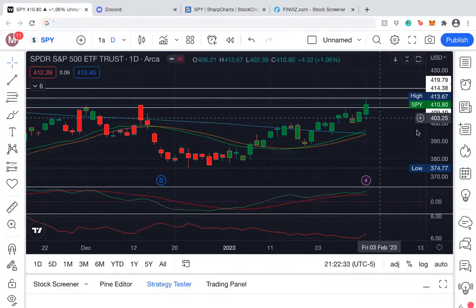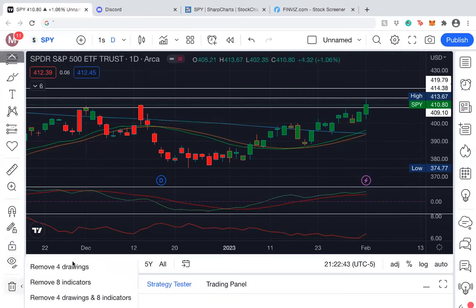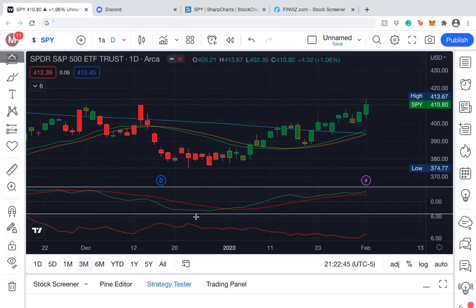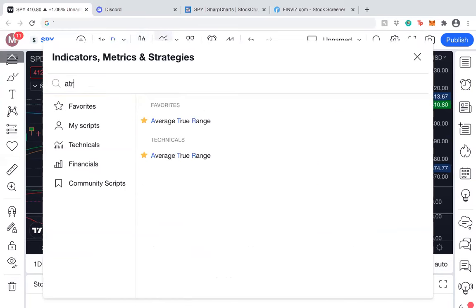Right? So I'm going to screenshot this for a minute because I don't want to lose my levels. I hate doing my charts over once I find a level, but I'm just going to clear this chart for a second. So to the upside, if I'm marking a target, if I'm marking a channel, you can do the ATR channels, average true range.